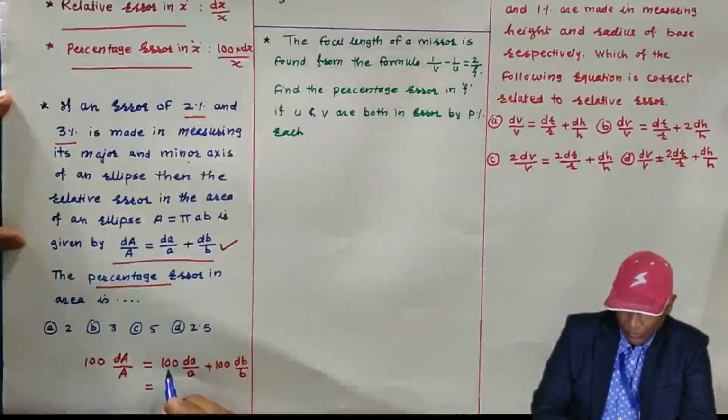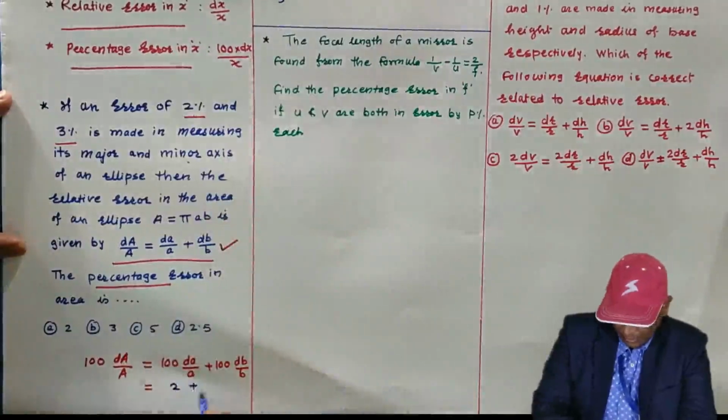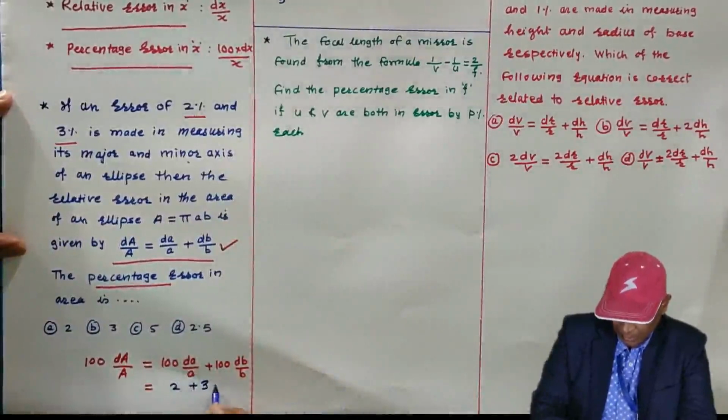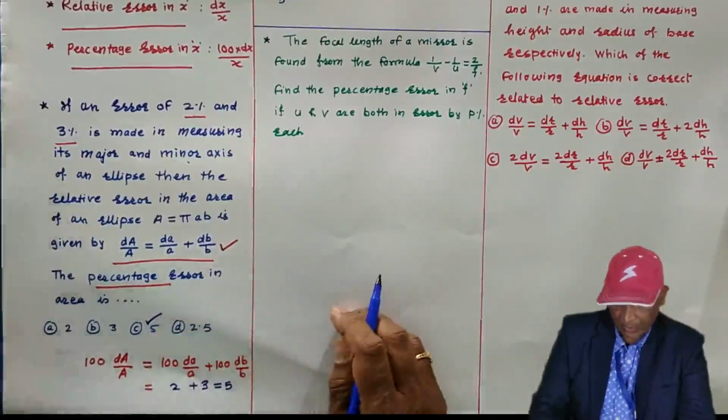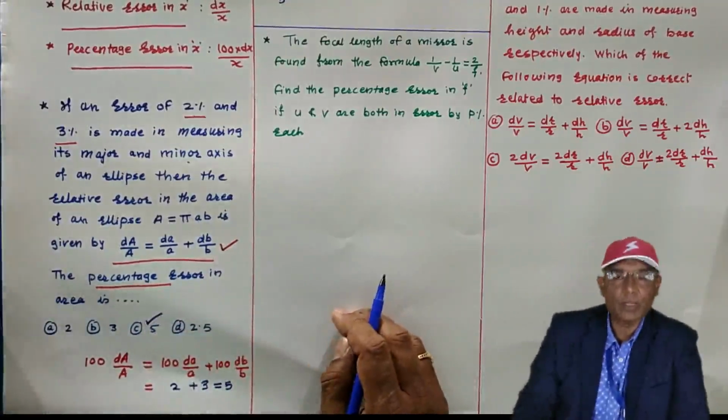Now put 100 da by a as 2 and 100 db by b as 3, and 2 plus 3 is 5. This 5 is the correct answer. So 5 is the percentage error occurred in the area of the ellipse.